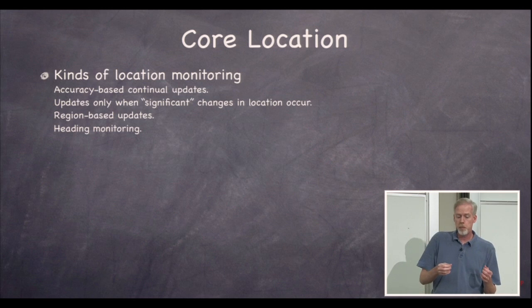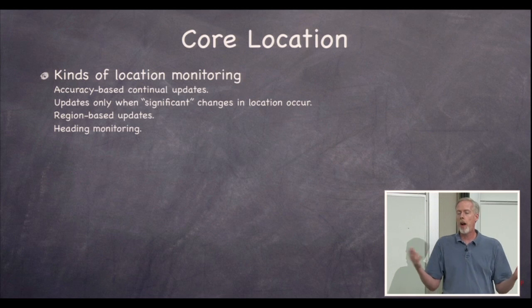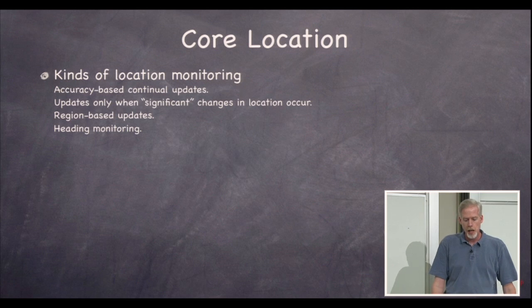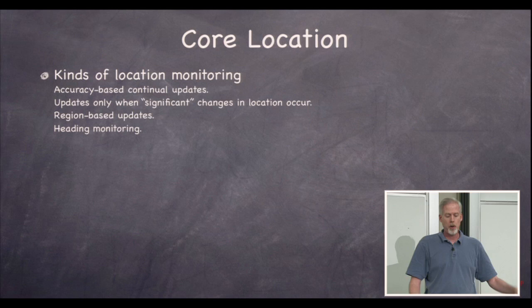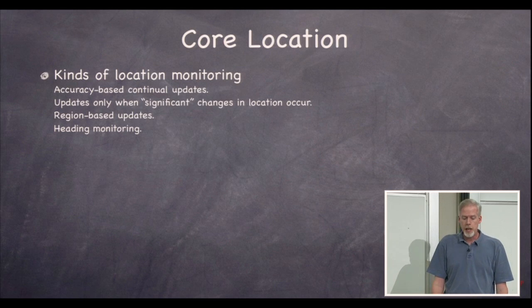All right, so what kinds of location-based monitoring are there? There's accuracy-based continual updates. That means you set the accuracy, and then it will continue to update you as the person moves around within that level of accuracy. So if the accuracy is low, then it's not going to update very often. You have to move pretty far, but if the accuracy is high, it might be updating you quite a bit. Then there's also updates only when significant changes occur.